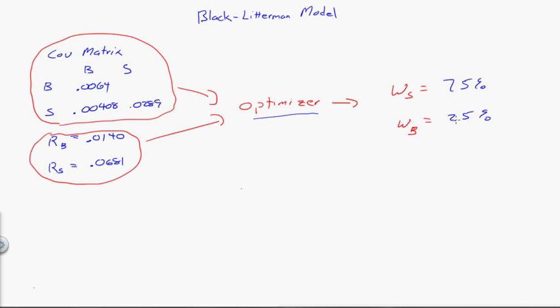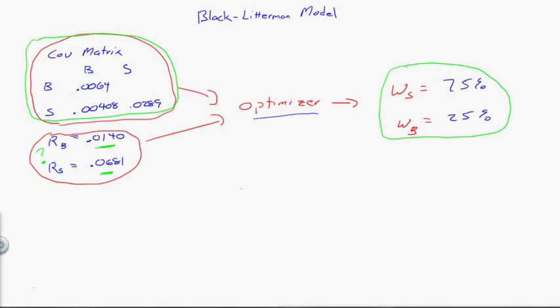So what Black and Litterman say to do is let's start with the weights that we observe. So I know that the market weights are this, and I know the covariance matrix is this. So given that, what returns had to go into the optimizer to come up with this? That's what they call their baseline forecast, and it's 1.4% for bonds and 6.81% for stocks.